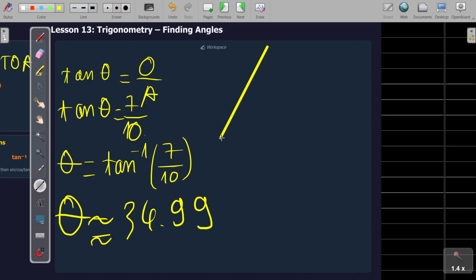And what if the opposite is going to be pretty close to that, like this? Here, this is what I mean. I am trying to find this theta angle, okay?